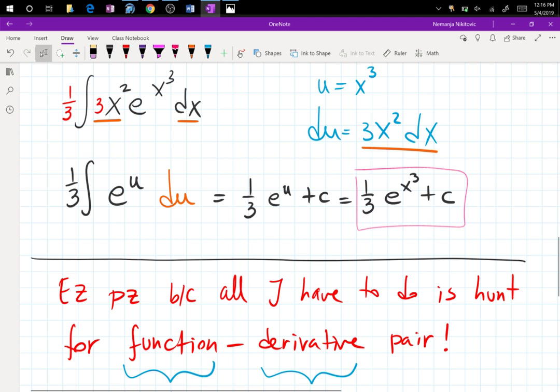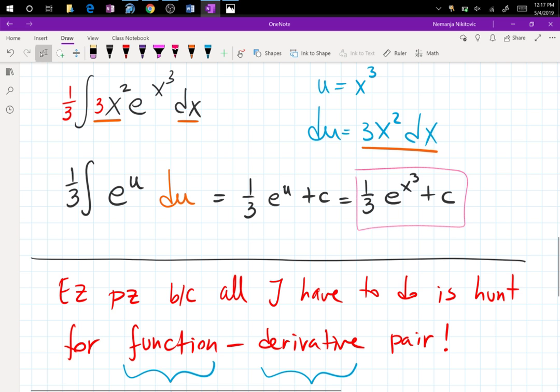X squared, the derivative is 2x. We don't have to worry about number 2 because we saw that we can fix that. So function x squared has its derivative x, and I don't have x laying around. So if I put x squared to be u, I won't be able to deal with e to the x cubed, plus I don't have extra x for du, so x squared is a bad choice.